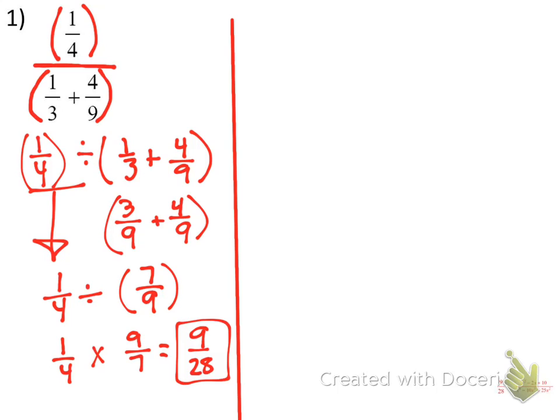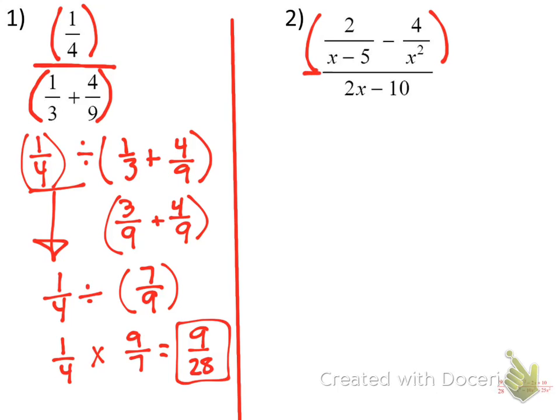Okay, number 2. Ready for the Algebra 2 style problem. Here we go. X squared. Okay, just like before, we have a numerator. It could be in its own parentheses, divided by something else in its own denominator.